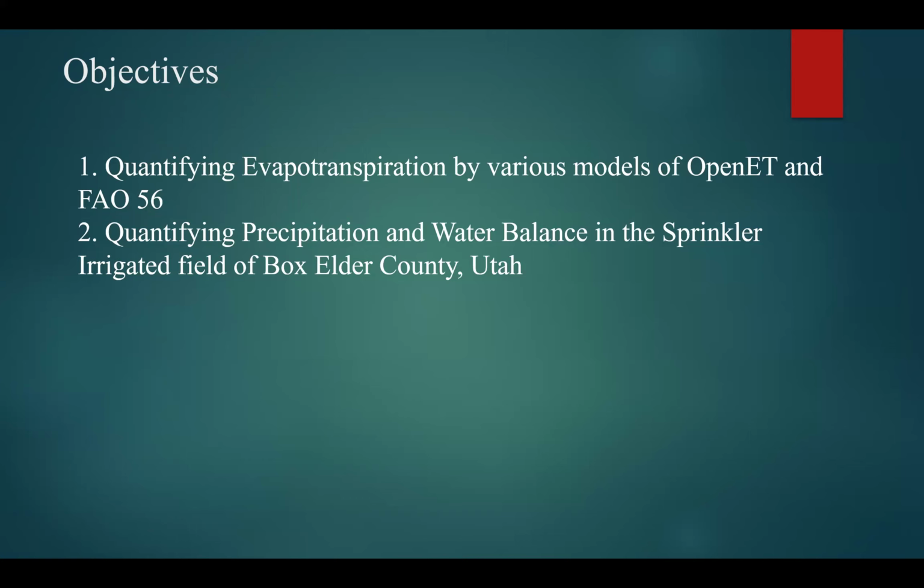I wanted to go over the different models in OpenET, like the METRIC ones, and also use the FAO 56. So I also quantified the precipitation and water balance, especially in the sprinkler irrigated field, and the field is alfalfa in the Box Elder County area.